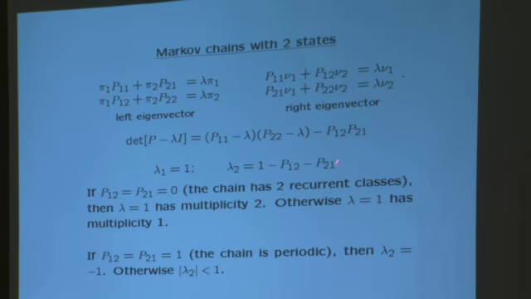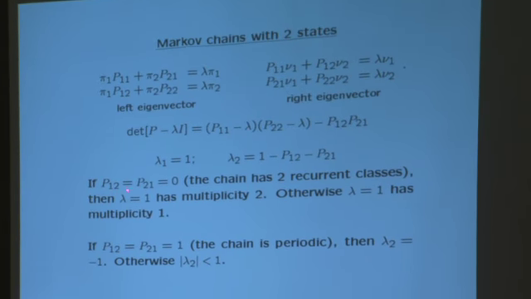That's a polynomial of degree 2 in lambda. If you solve it, you find out that one solution is lambda 1 equals 1. The other solution is lambda 2 equals 1 minus P12 minus P21. Now, there are a bunch of cases to look at here.